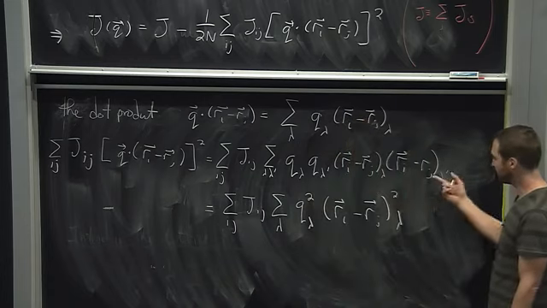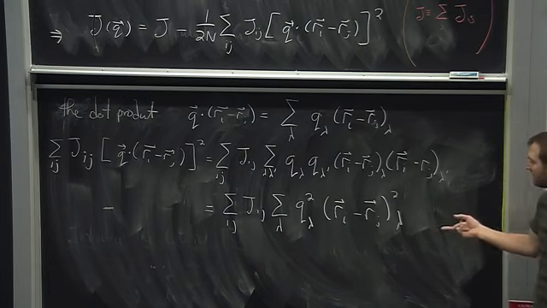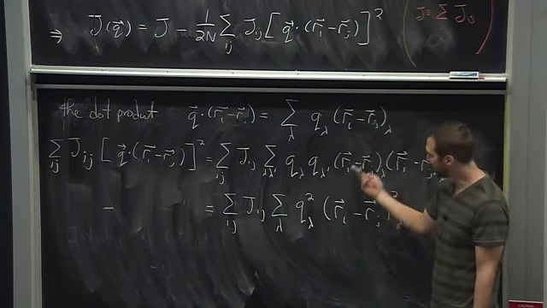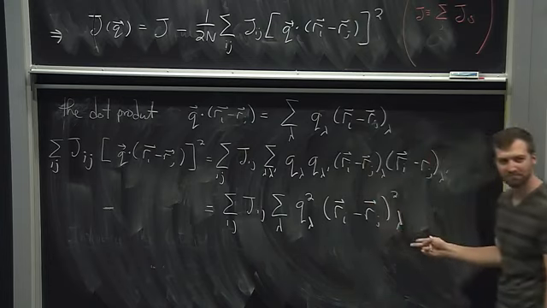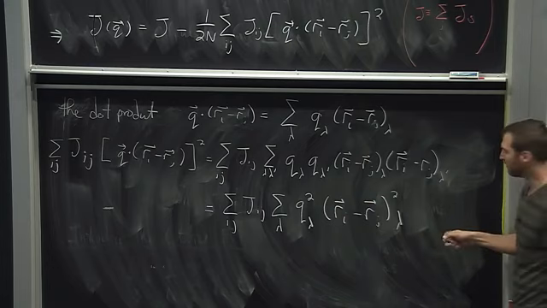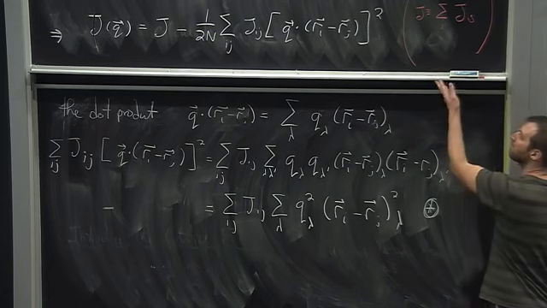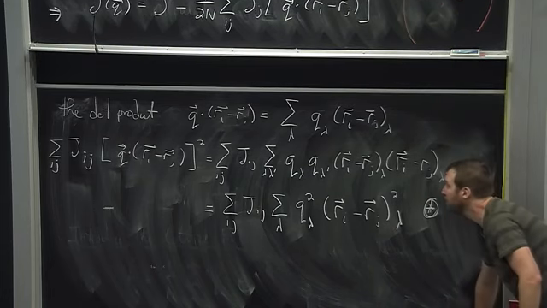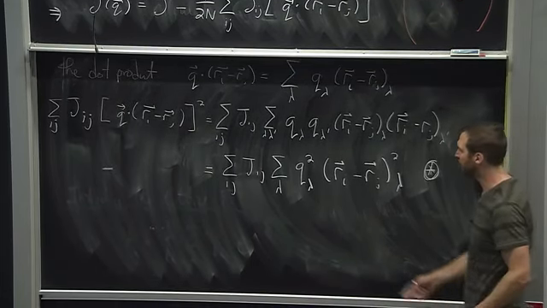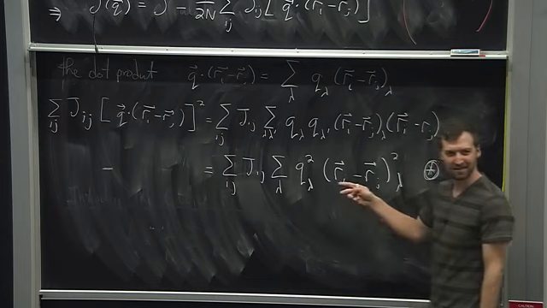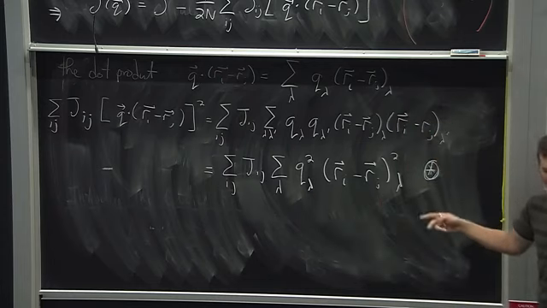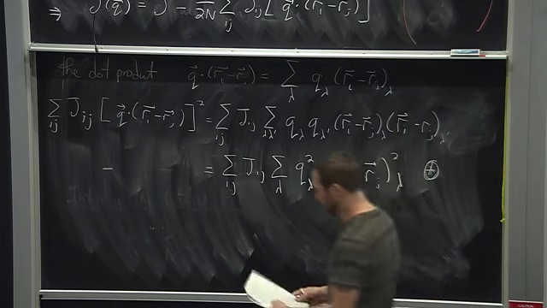Is that obvious? I've taken this double sum, and I've just written it like this. No, it's missing terms, right? Let's come back to this. It's missing cross terms. x, y, y, z, right? But let's come back to that for a minute.